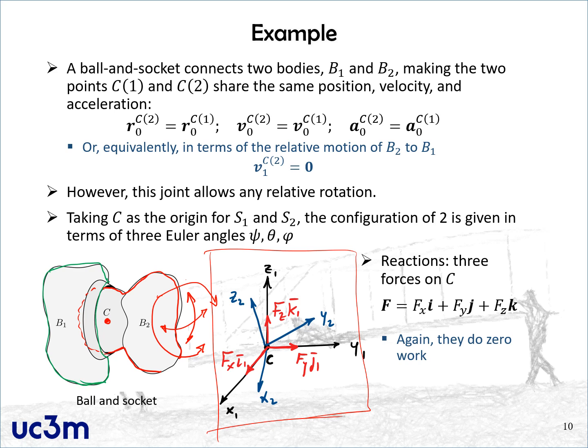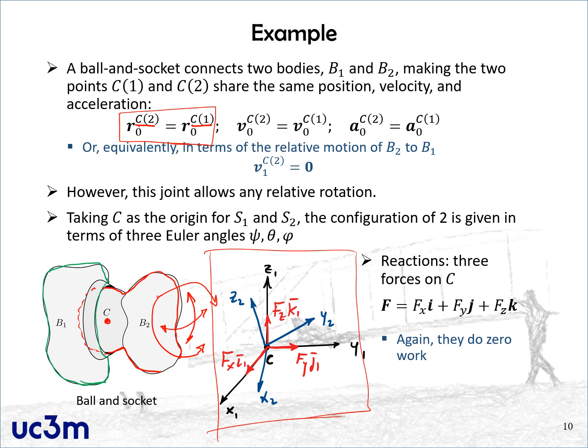Now, the constraint equations in this case, I have chosen to write them in a slightly different way, but of course you can rewrite them in the same way as in the previous slides. The constraint reads as follows. We are basically saying that the position of point C as a point of body B2 and the position of point C as a point of body B1 have to be equal in another reference frame 0.